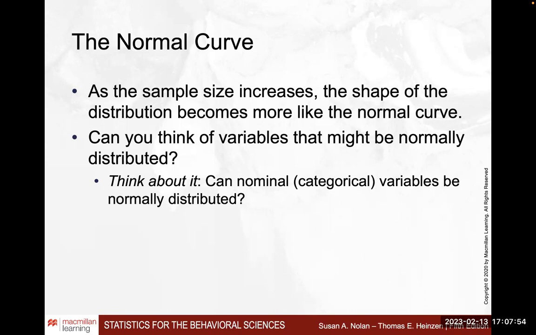Even if they're ordinal in a way, they're likely not normally distributed, because the definitions are still based on a label or a definition rather than an individual actual data point. So you would not find a normal distribution in nominal data, because the differentiations are arbitrary.